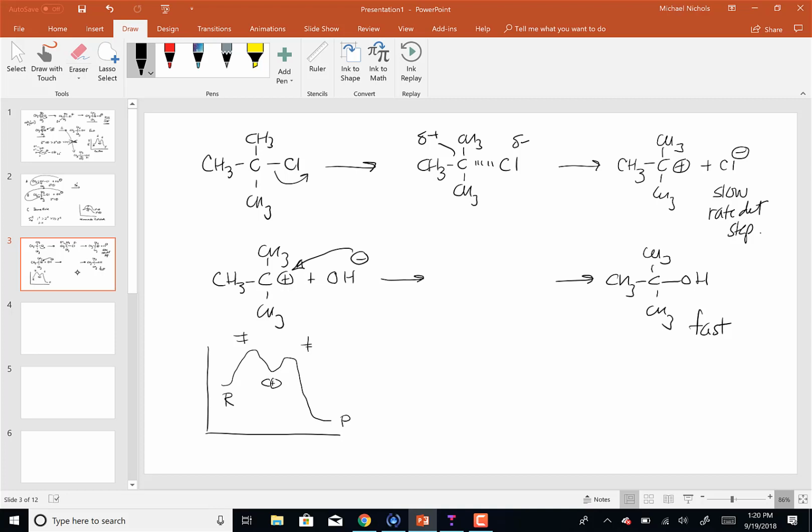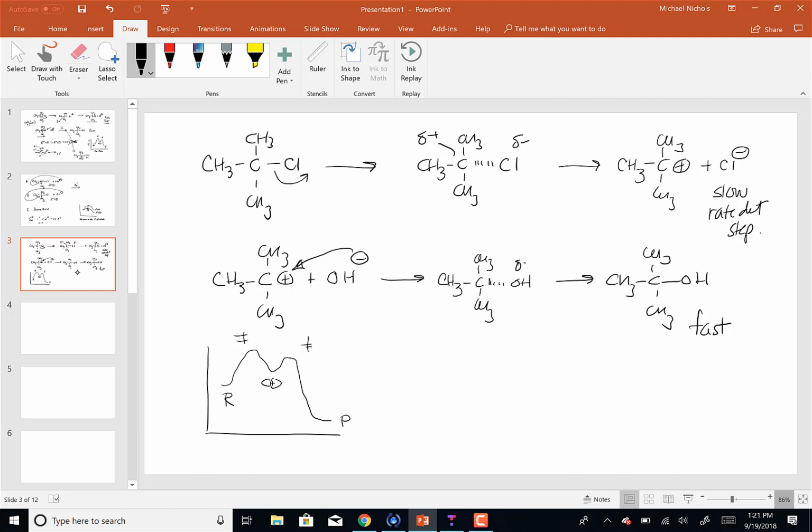Okay. So what would the transition state for the second step look like? Because I left space for it. What kind of bond? A dotted line. Okay, so a dotted line between the carbon and the oxygen, and just shout it out.